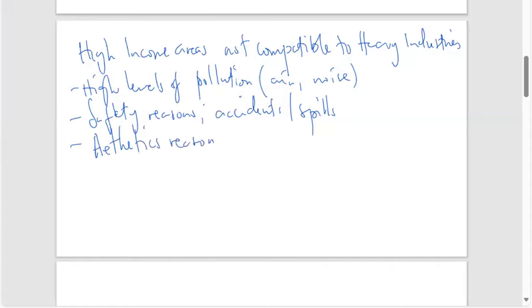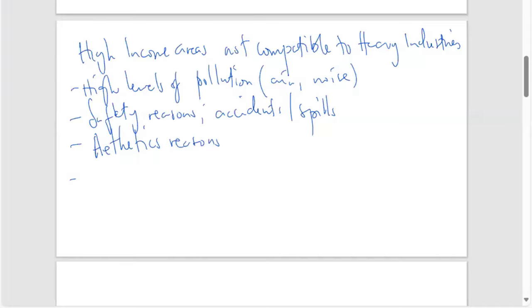We understand that heavy industries are not actually pretty areas to associate with. So for beauty reasons, we tend to find that high income areas locate away from those manufacturing activities because those areas are deemed to be not pretty and not compatible to people with high incomes. Then we also look at property values.